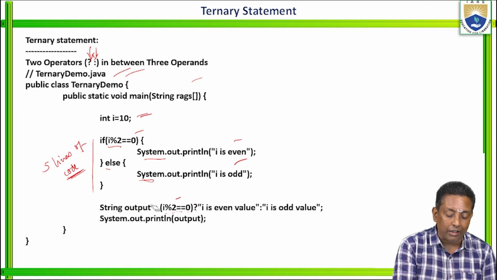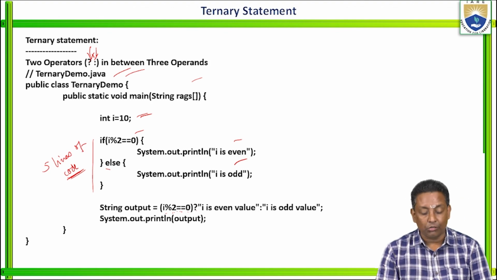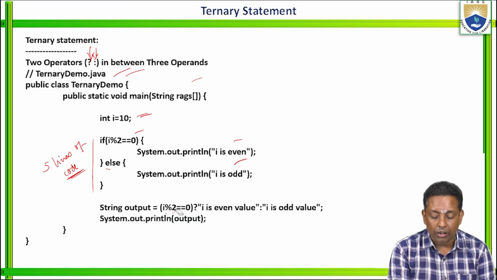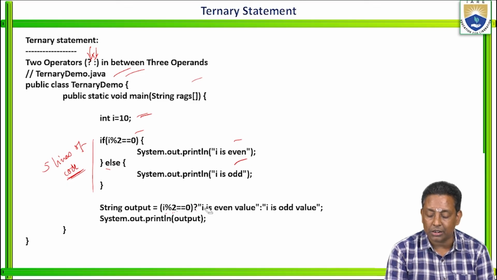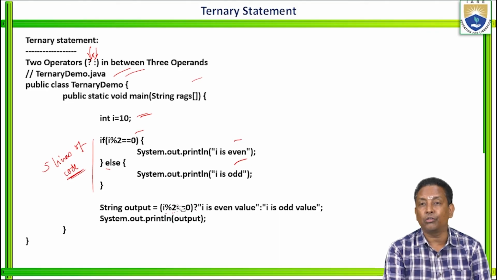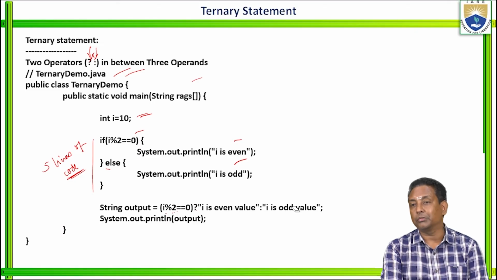But in this ternary operator, I found limitations, two of them. The first: in the ternary operator, if the condition is satisfied, we write one statement, and if not satisfied, we write another statement. The ternary operator allows only one statement for true or false. We cannot write multiple statements here.